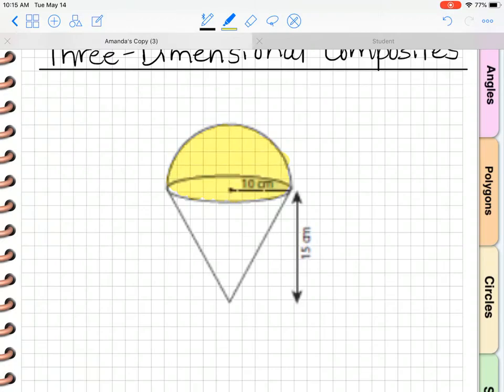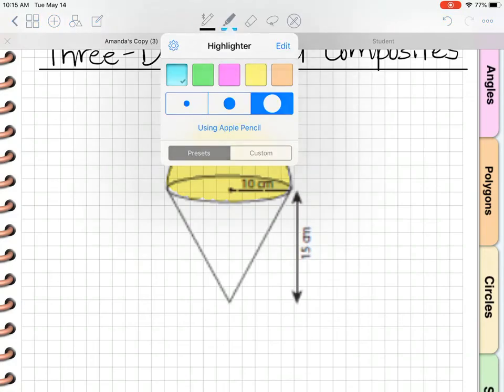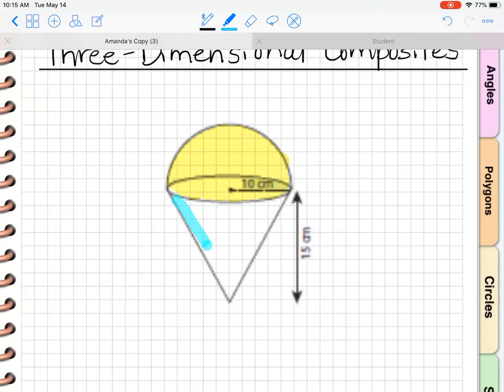It doesn't go down into the cone at all. And then for the cone part, we're looking at a conic shape. So we'll need the formula for the volume of a cone and the volume of a sphere.